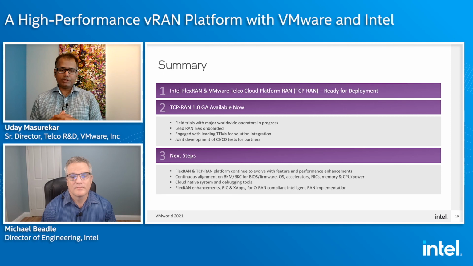So that's what we have now. What are the next steps? The next steps are that both VMware and Intel will continue to evolve and take benefit of this rapid integration process that we have through CI/CD. And we will continue to make this available not just for what we are doing, but also for the other components with respect to BIOS and firmware, the next advances in processors, NIC, memory, etc. Also in the Kubernetes world, as well as what VMware brings in from ESX and the overall platform.